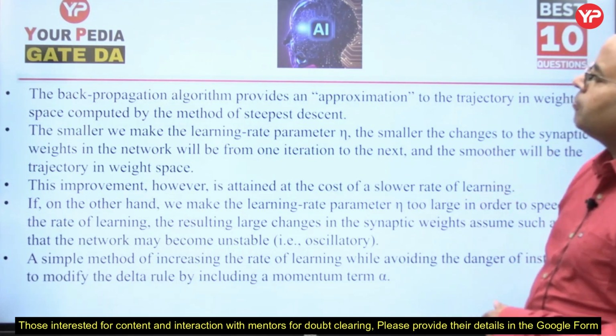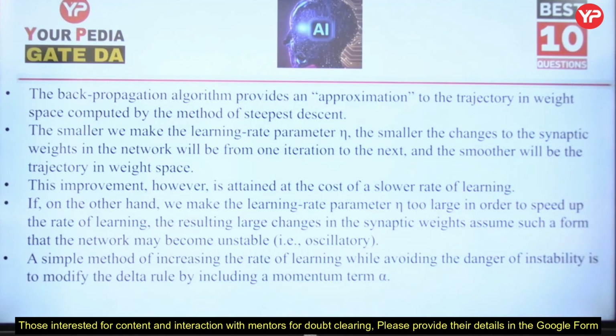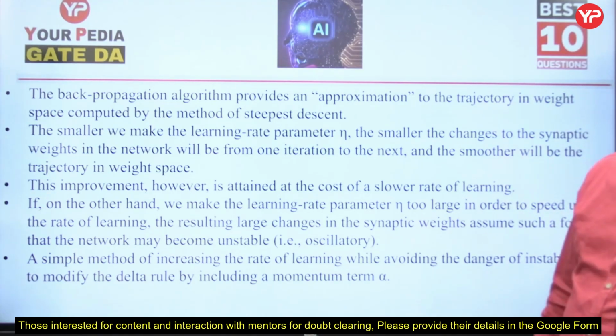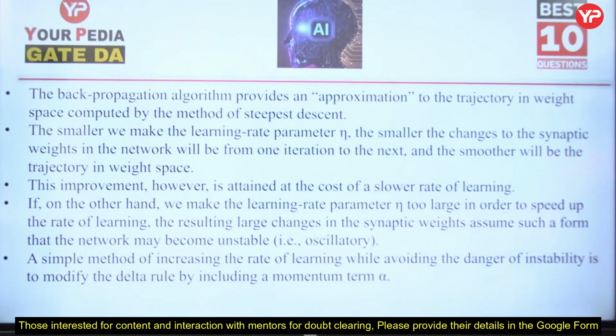So here you see, the backpropagation algorithm provides an approximation to the trajectory in weight space computed by the method of steepest descent. The smaller we make the learning rate parameter eta, the smaller the changes to the synaptic weights in the network will be from one iteration to the next, and the smoother will be the trajectory in weight space. So what exactly do we do with the learning rate?